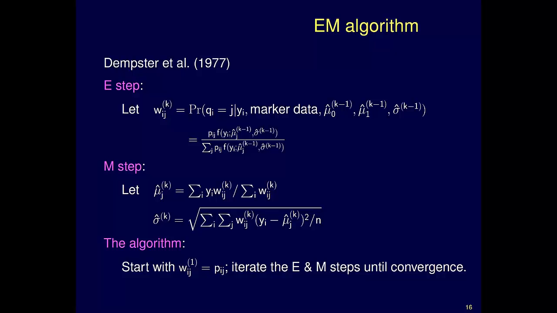In the E step, we start with some initial estimates of the two genotype means, or the three genotype means in an intercross, and the residual SD. And we use those initial estimates to update our understanding of which genotype group individuals are in, given their phenotype data.